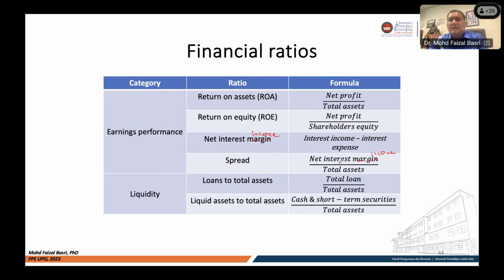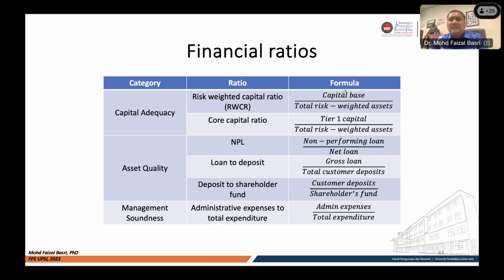Okay, that is for E. But again, for each and every single ratio you can find the information from the financial statements. And as I mentioned, I think in the previous class, some of the information you have to find in the notes to the financial statements. Some of them, you have to look in the notes.